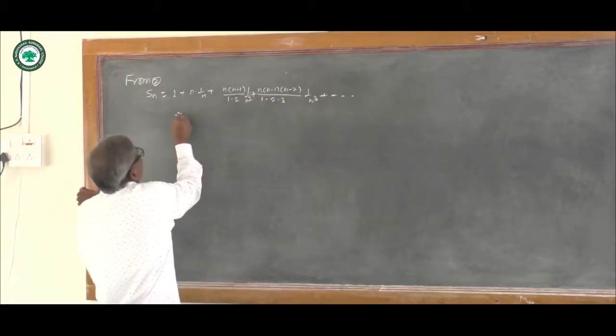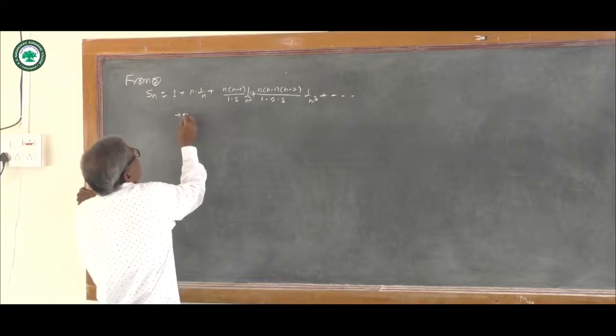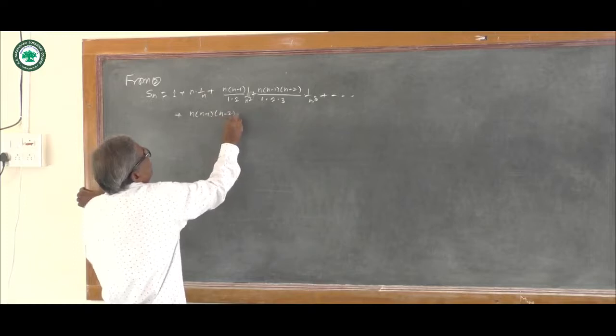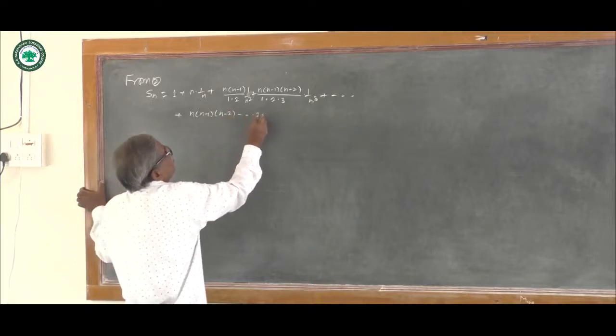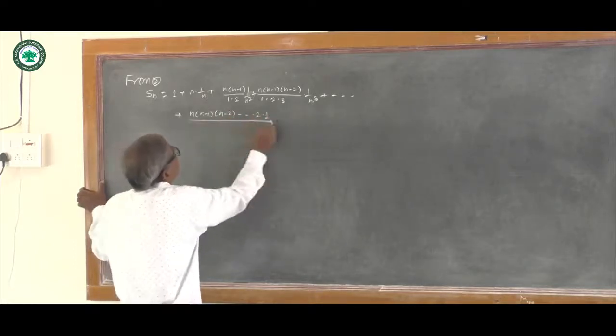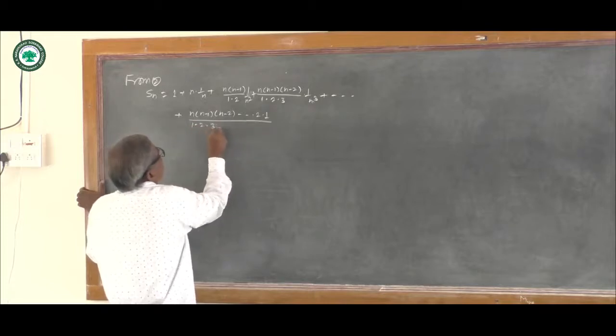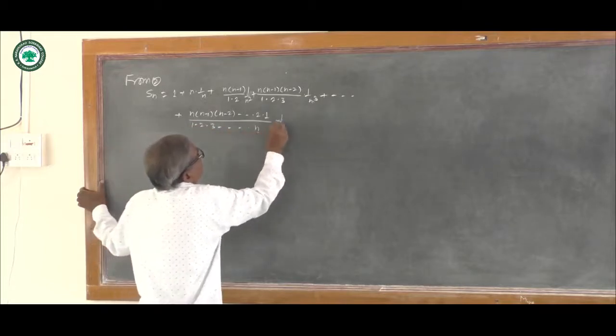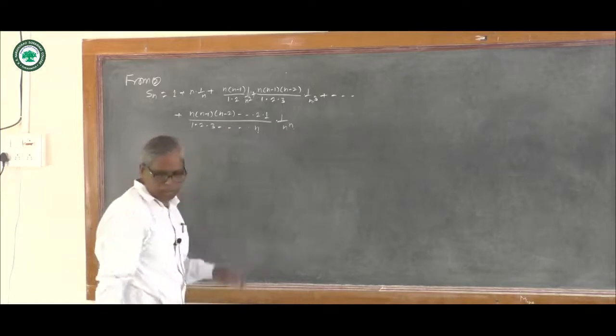Last term is n into n minus 1, n minus 2 and so on 2 into 1 upon 1 into 2 into 3 and so on up to n into 1 by n raised to n.